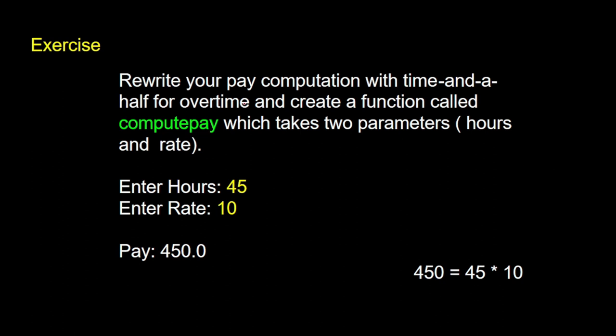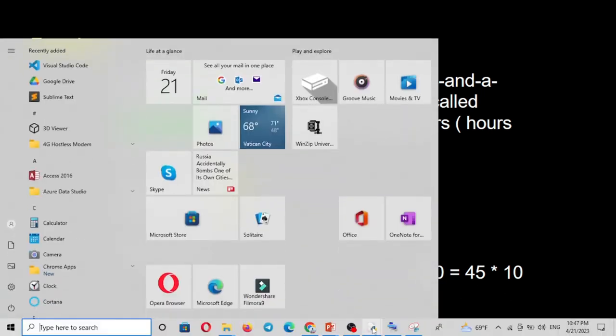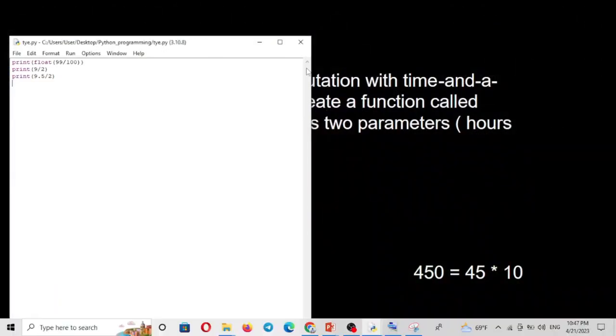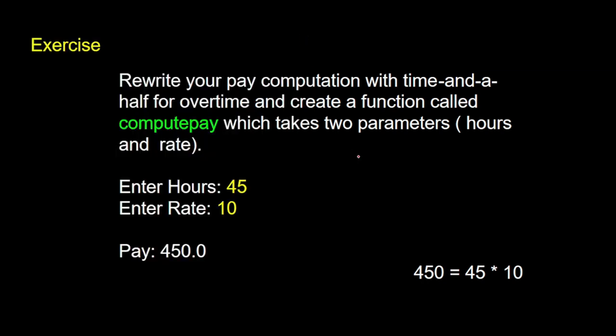As an exercise, look at this one. Write your pay computation with time and a half for overtime, and create a function called compute pay which takes two parameters, hours and rate, and calculates the net payment of that employee or individual. We open the Python programming language editor.